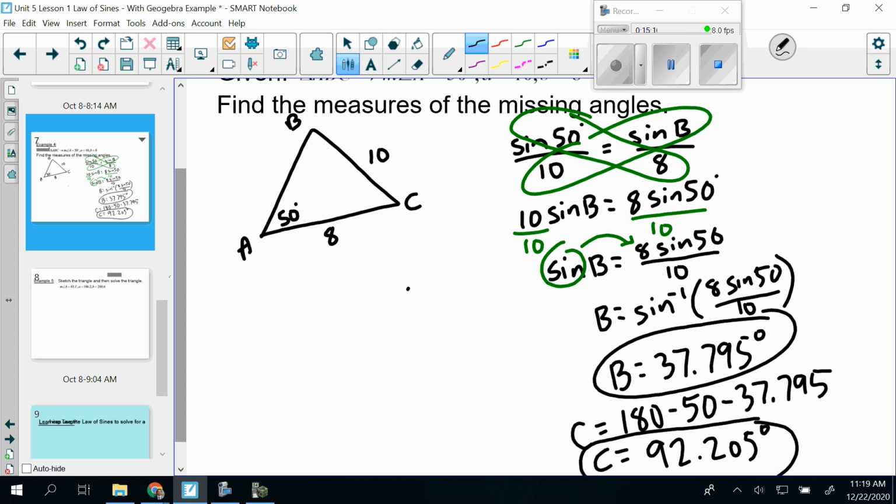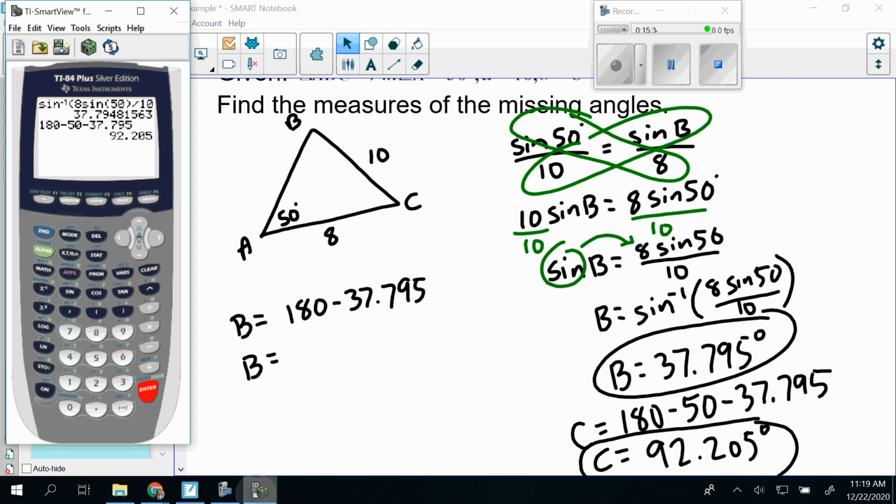The other one we need to check, could the supplement work? The supplement to angle B would be the angle that if we subtract from 180 would work. So if we take 180 minus what we got for angle B, this could be a potential option also for B here. So let's check what this comes out to be.